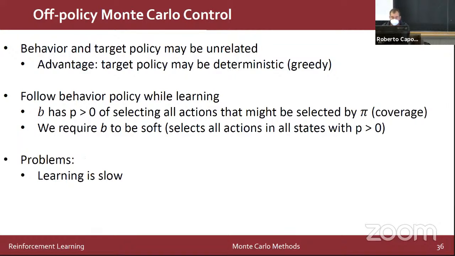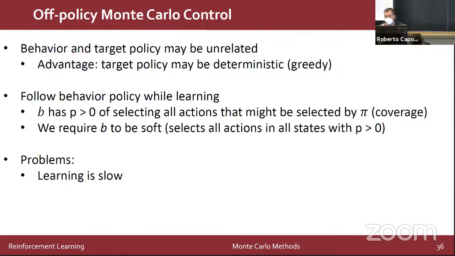Okay, so what are the pros and cons of these off-policy methods? The good thing is that the behavior and target policy may be unrelated. This is not written in the slides, but one very interesting thing of off-policy learning methods is that by following a single policy, the behavior policy, you could simultaneously learn something about 10 other different policies, right?